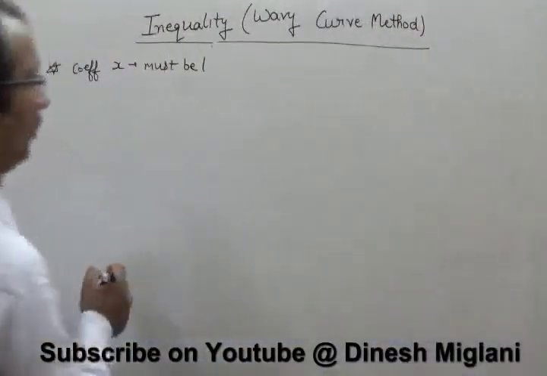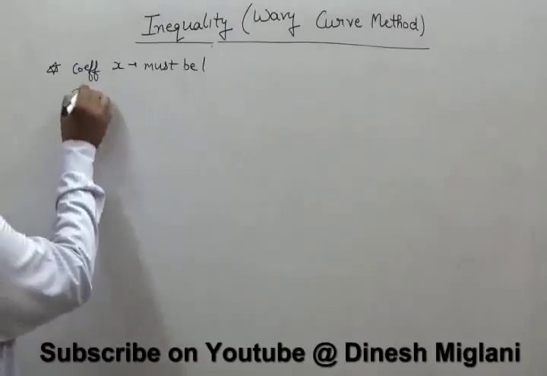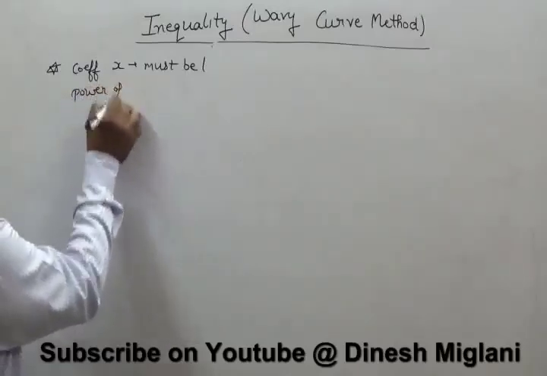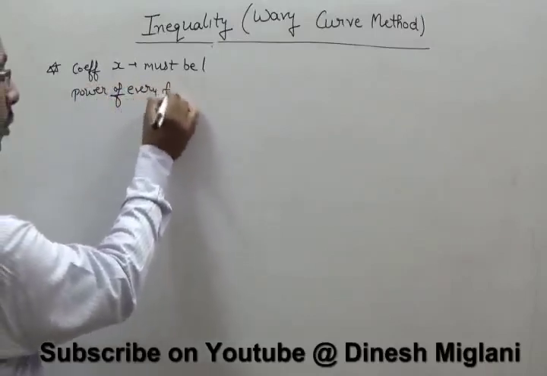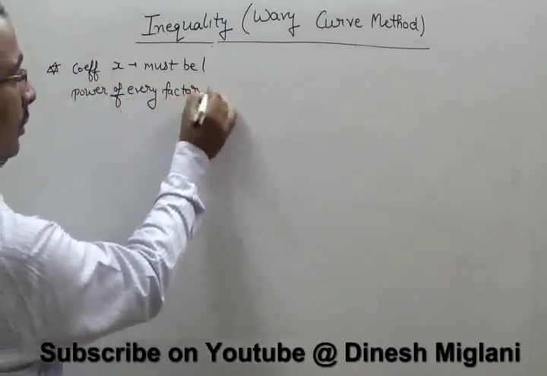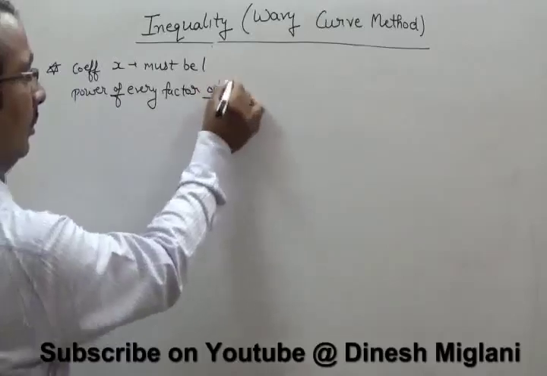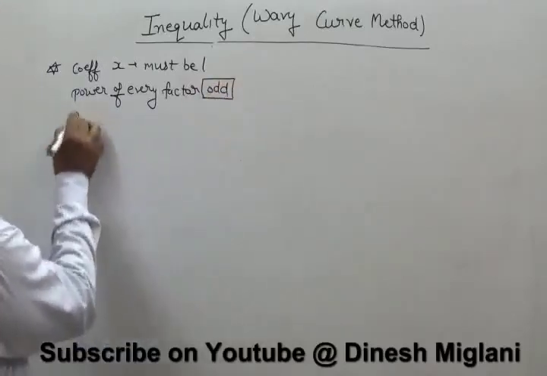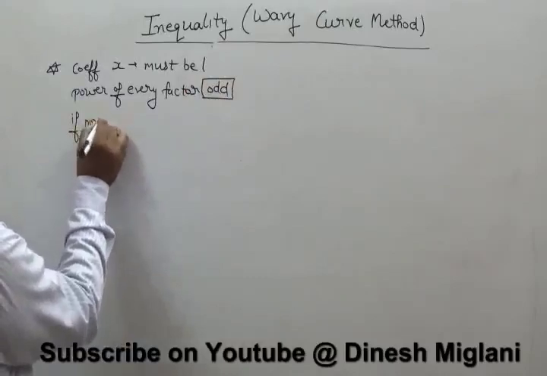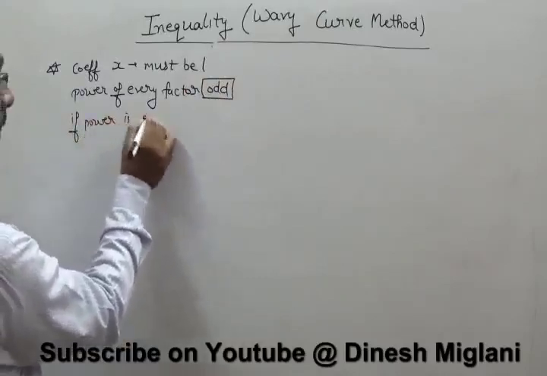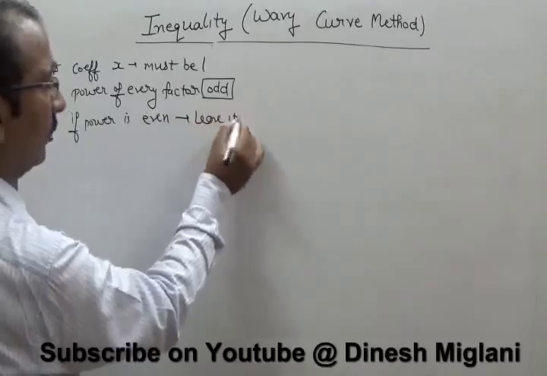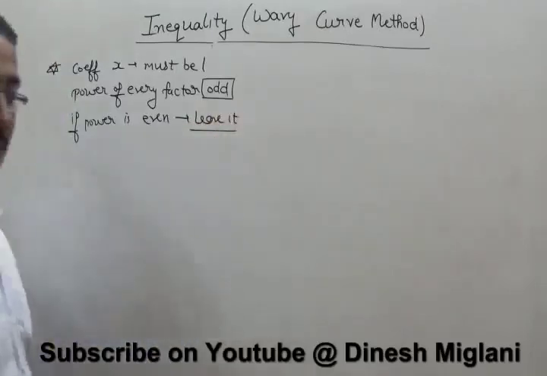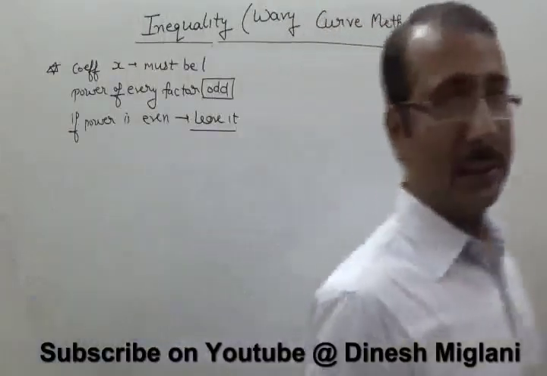The second, we try to make the power of every factor odd. If power is even, leave it. Leave it means you have to neglect that factor. I hope the point is clear.